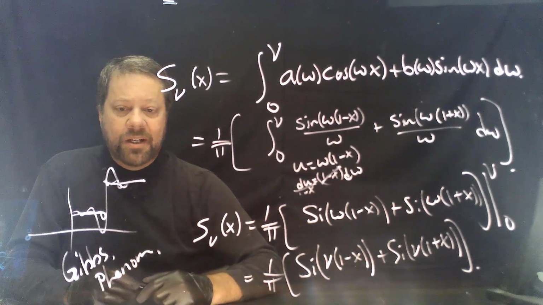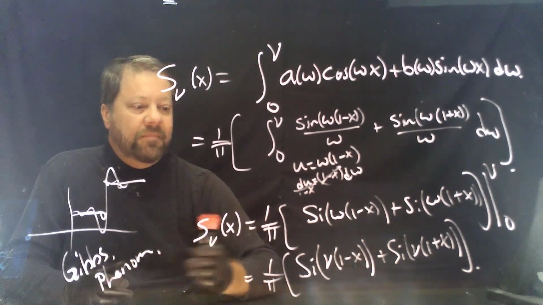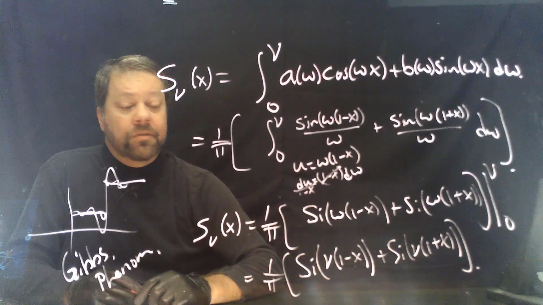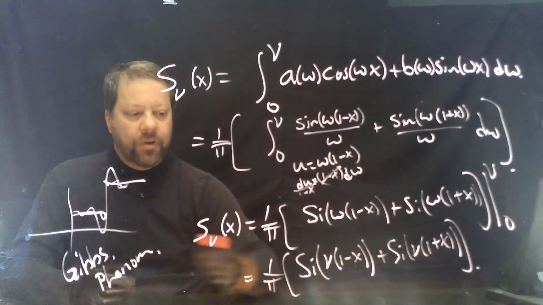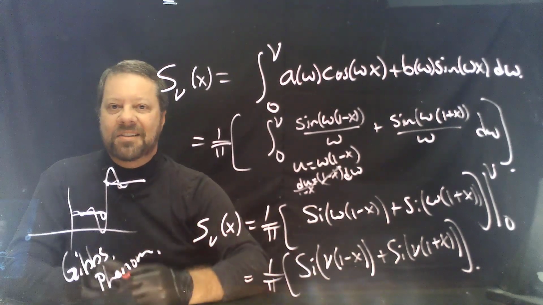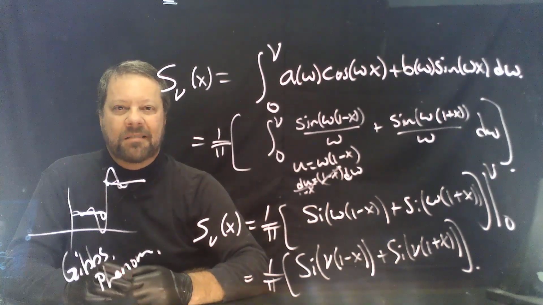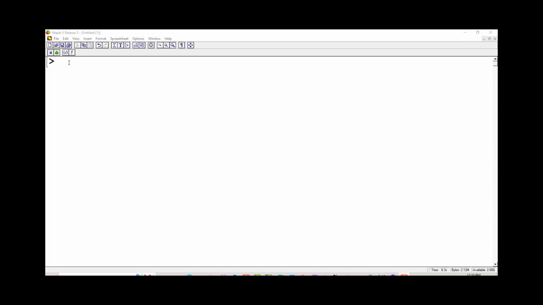So a natural question is, how well does this represent the original function for different values of nu? Let's see if we get the Gibbs phenomenon. Let's try plotting this function. I'm going to choose nu equals 10.